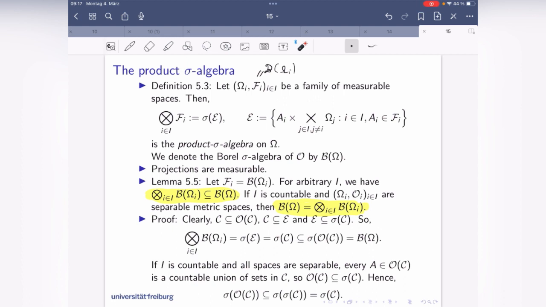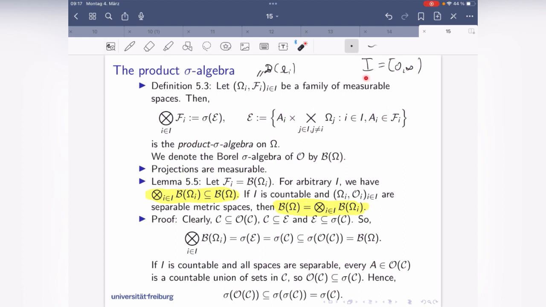So let's come to the most important thing here, which is this lemma. And one important thing is that I here is arbitrary, which means it could be, for example, I equals the full interval from 0 to infinity.